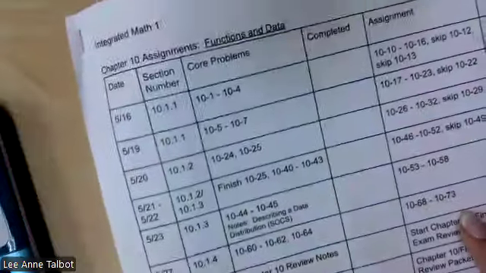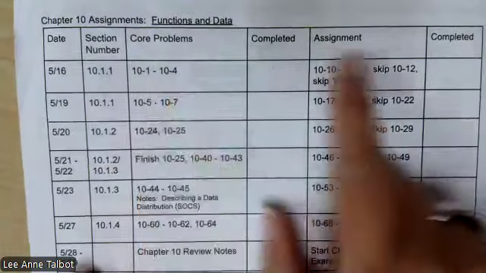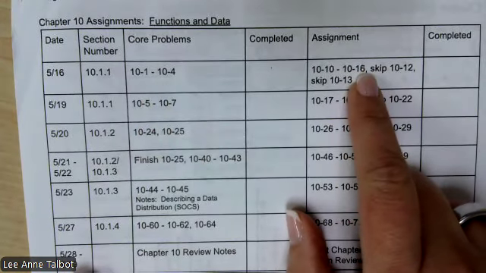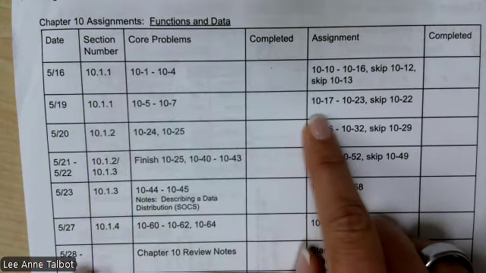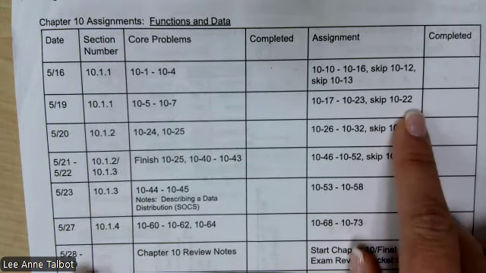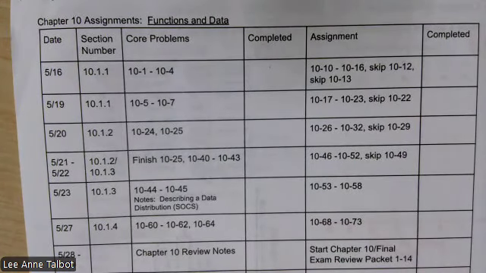Okay, so as of this moment, you should have this in your notebook. You should have this homework done, and this is in your packet. This is tonight's homework, 17 through 23, skip 22. I'm gonna stamp as many people as possible, but I might not make it all the way around. That's okay.